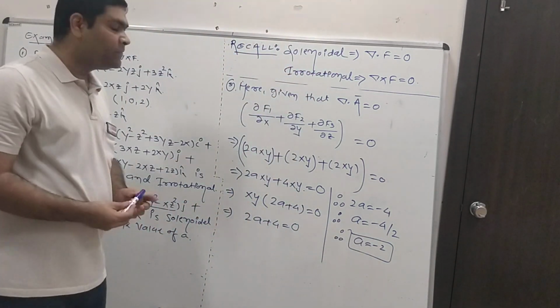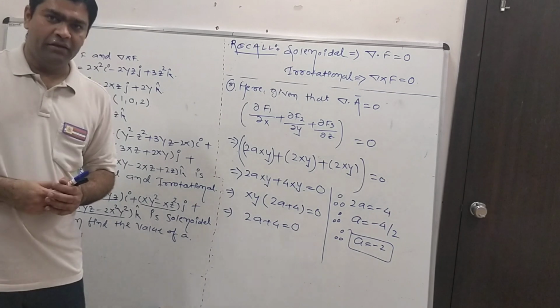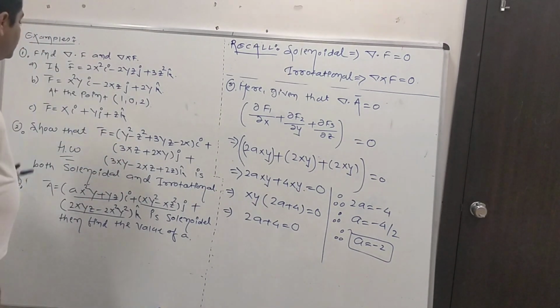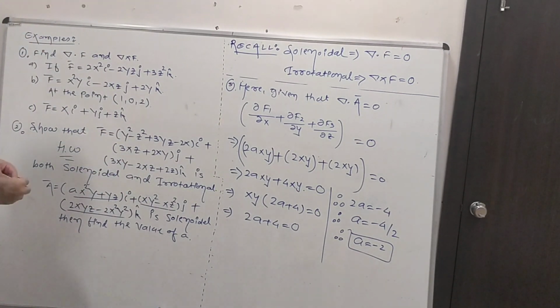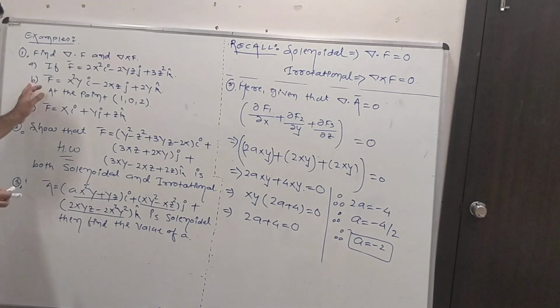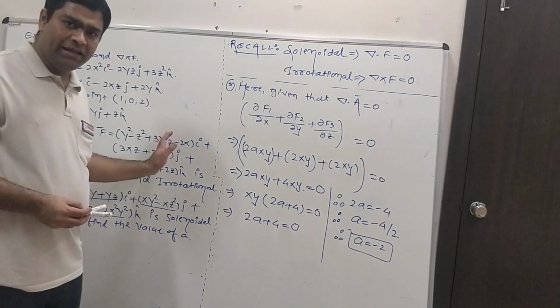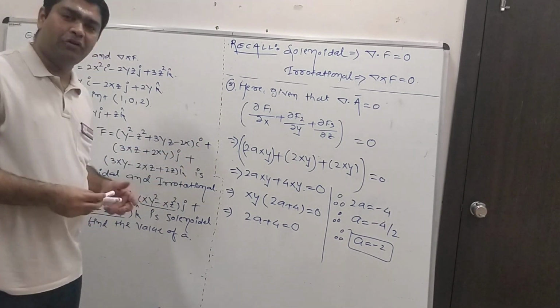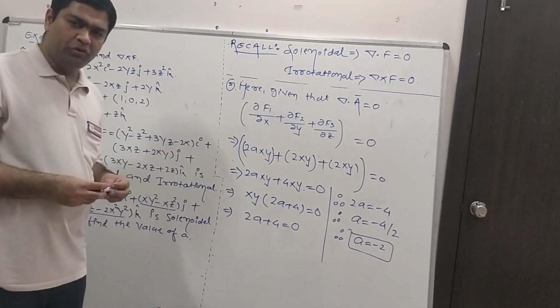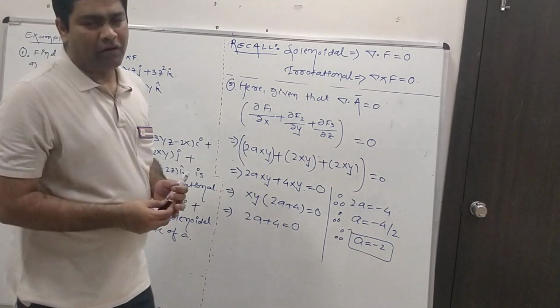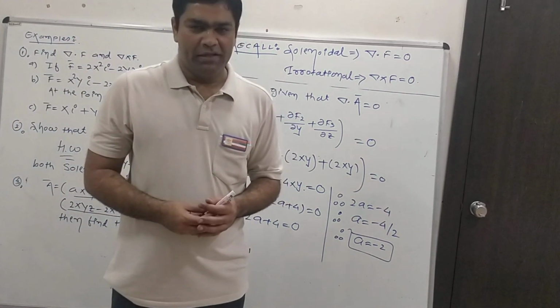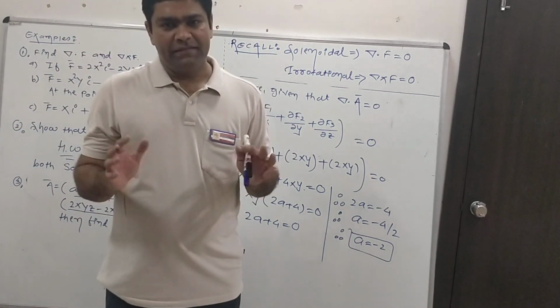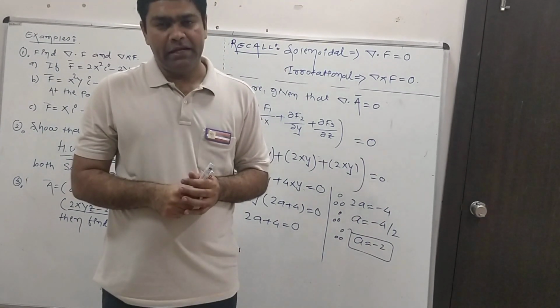I hope that these 3 examples would be clear to everyone. Now, in the next lecture, we'll see some more examples of the solenoidal and irrotational terms. Then we'll move to the next topic of vector calculus, students.